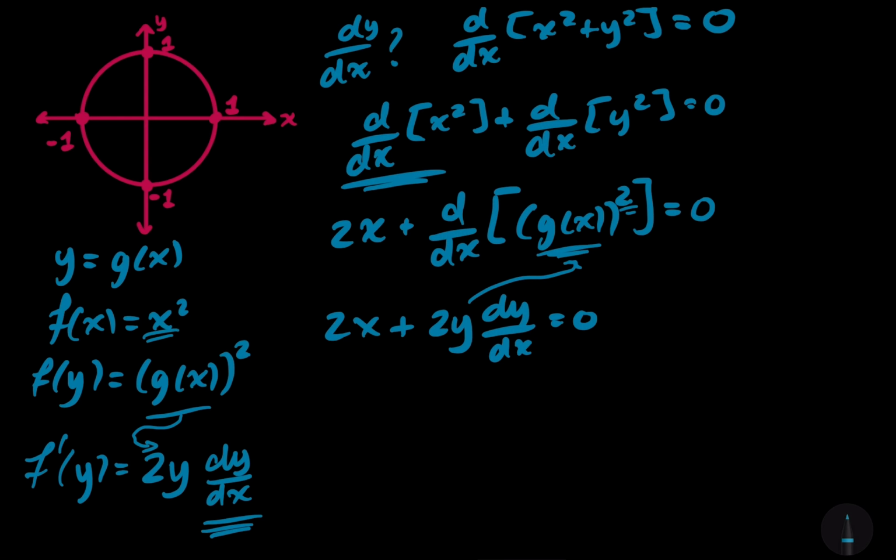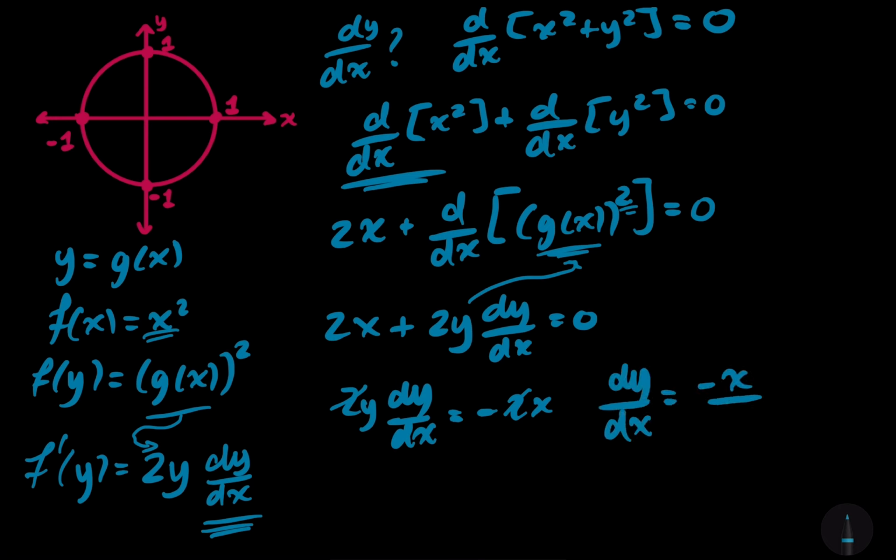We subtract 2x from both sides, so we get 2y times dy by dx equals negative 2x. We divide both sides by 2, and then divide both sides by y, and we end up with dy by dx equals negative x over y. That right there would be our final answer.